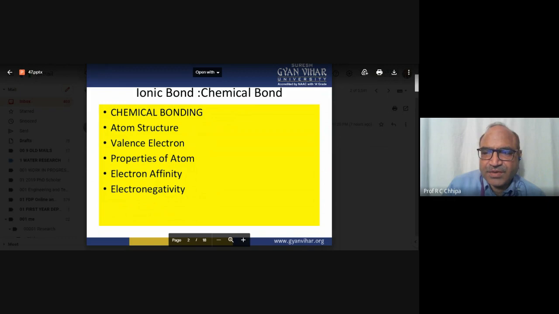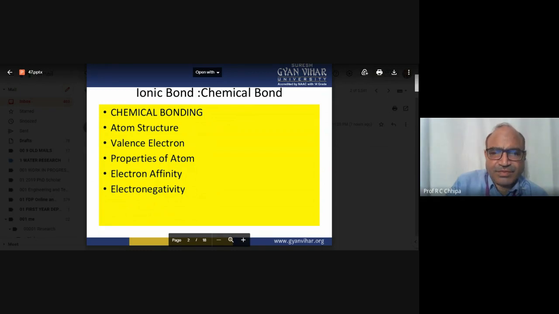If one electron is given out by sodium, the ionization energy is concerned and a cation is formed. Electron affinity correlates with anion formation. Here, the different properties of atoms are responsible: electron affinity, electronegativity.